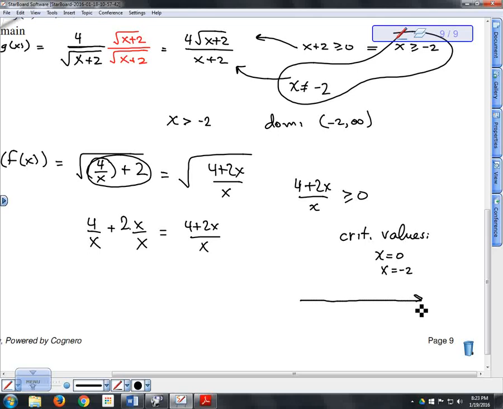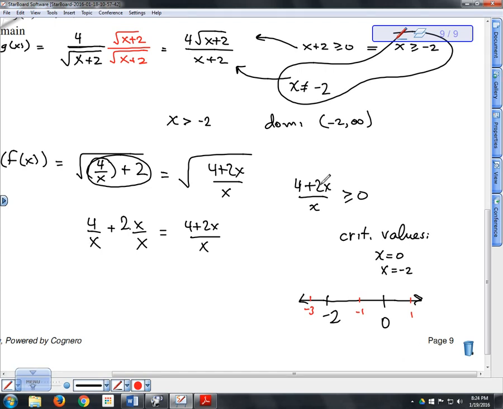So those are the critical values. The next step would be to place those on a number line, and then choose test values in between each of these intervals. So I'm going to choose a test value of negative 3, a test value of negative 1, and a test value of positive 1.